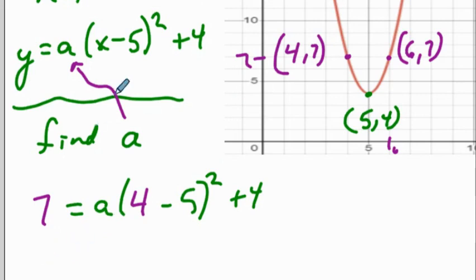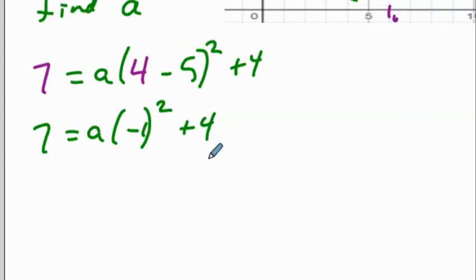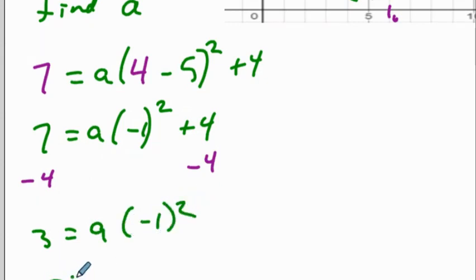So 7 equals a times -1 squared plus 4. Algebra, subtract 4 from both sides. And what I end up with now is 3 equals a times -1 squared. 3 equals a times 1.